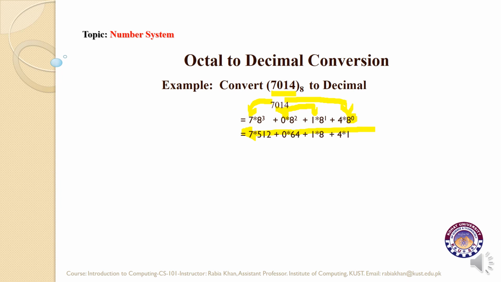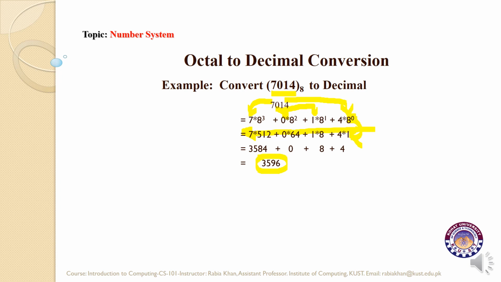Anything raised to power 0 is 1. Here you can see it. Anything raised to power 0 is 1, and then we first clear up the powers, and after multiplication, these are the products of the 4 individual digits, and when we add up the products, the resultant decimal number is 3596.